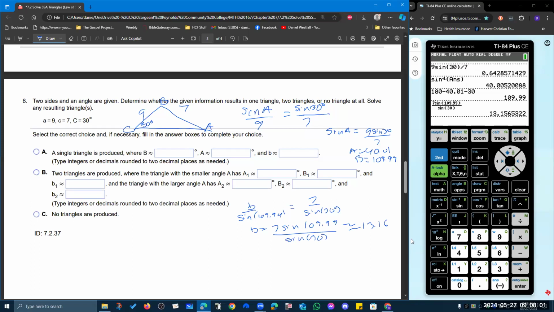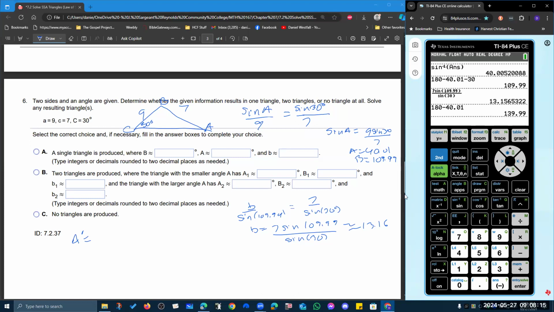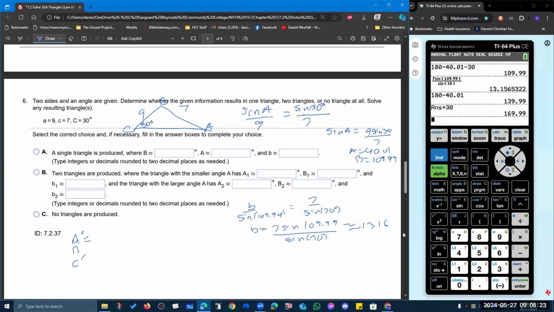All right, let's see if there's a second triangle now. So that would mean A prime would be 180 minus the measure of angle A here of 40.01. I need to add that to my 30-degree angle that was given, and yes, that's less than 180 degrees.